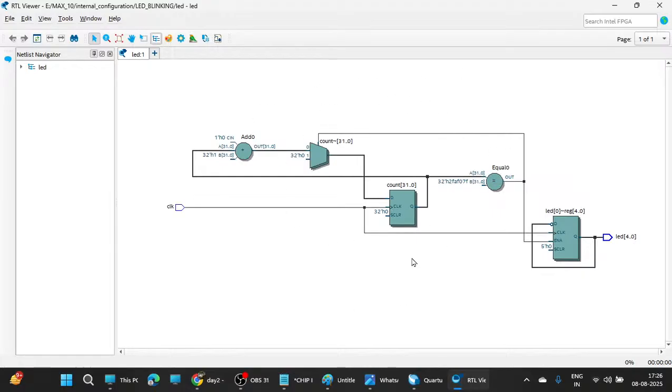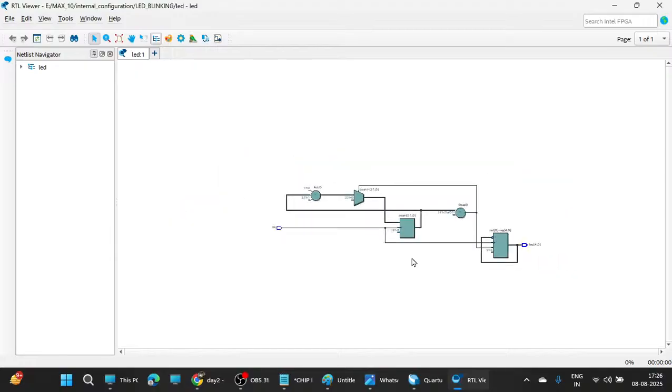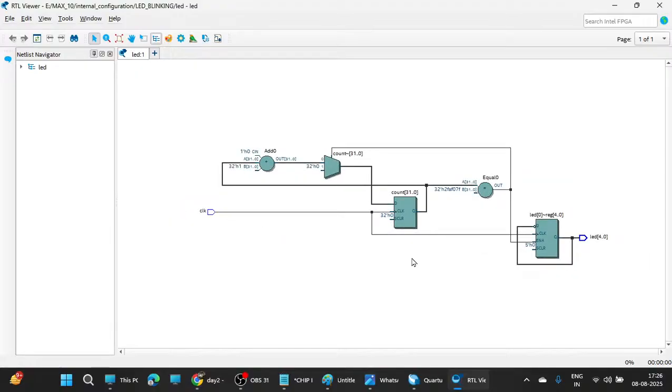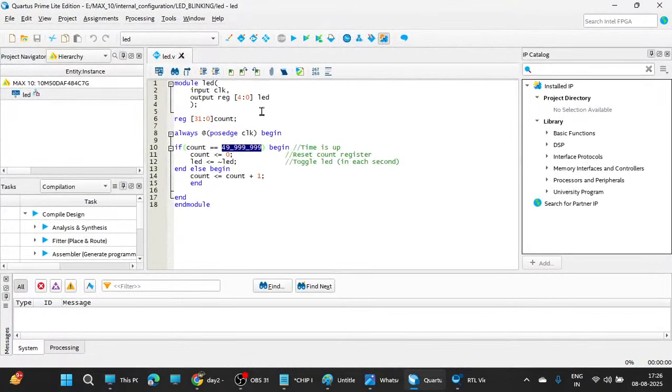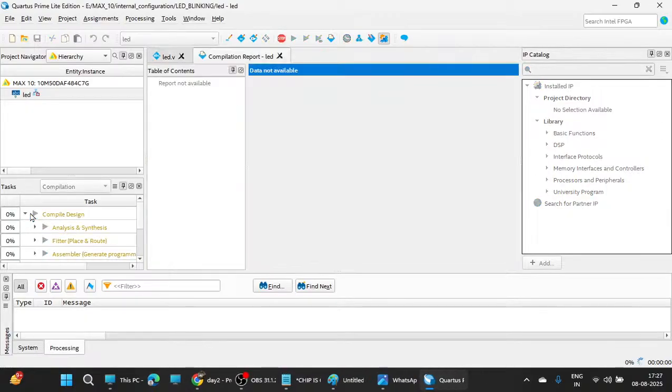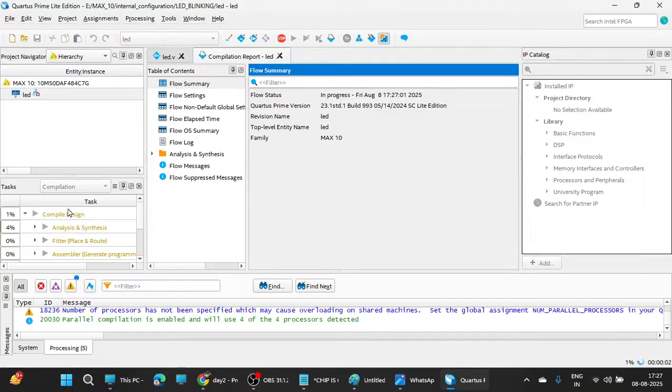Okay, so do you guys understand? Any doubts until now? So this is the FPGA. We write the Verilog code to control the FPGA, and then we have to do compilation. It will compile and you will get the results.